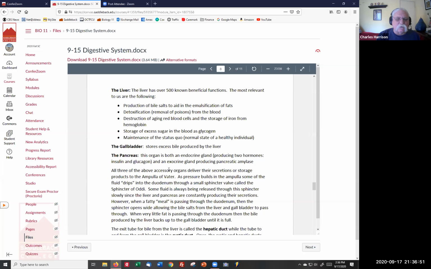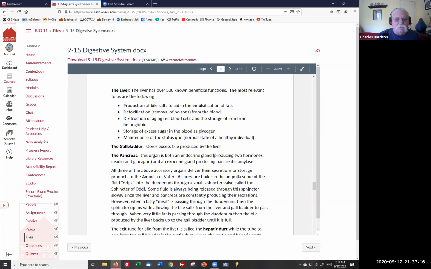Okay, so we have the production of biosalts, detoxification, or removal of poisons. The liver also serves to get rid of aging red blood cells. We lose 3 million red blood cells a second. The bone marrow has to replace those 3 million a second with 3 million more.